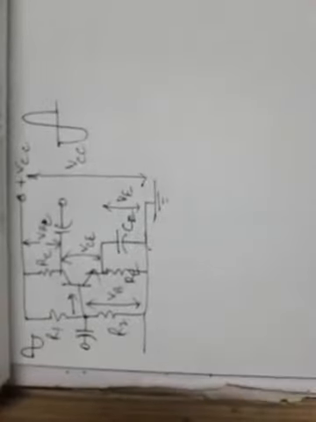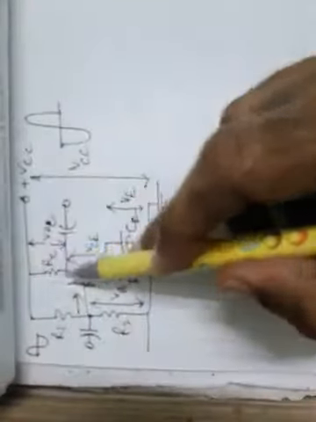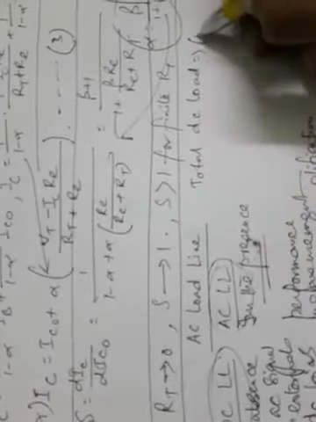The total DC load in series with the transistor is RC plus RE. This is RC and this is RE. So we can write the total DC load is RC plus RE.